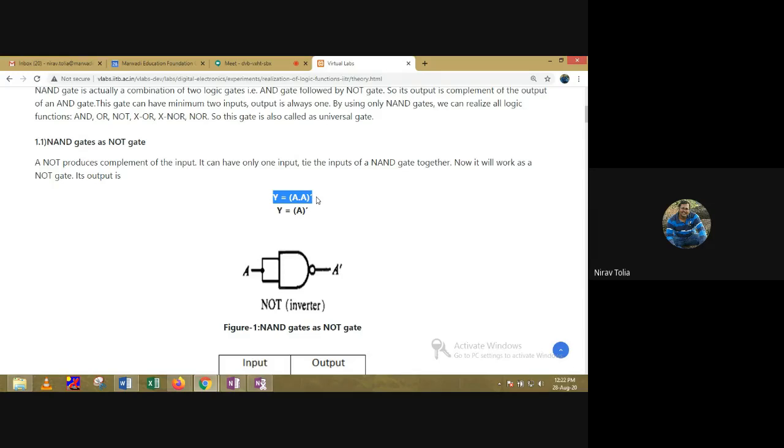Suppose A is equal to 0. Then 0 into 0 is 0 only. So if A is equal to 0, then your output is A only, because it is 0.